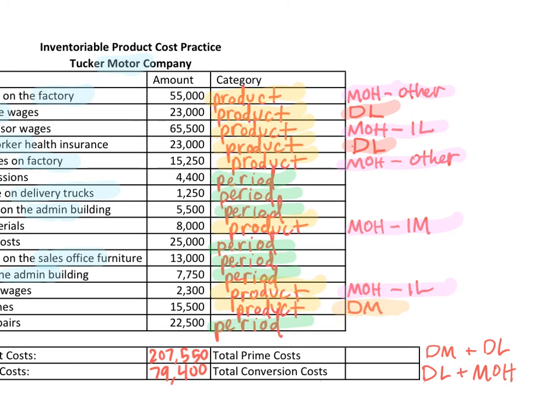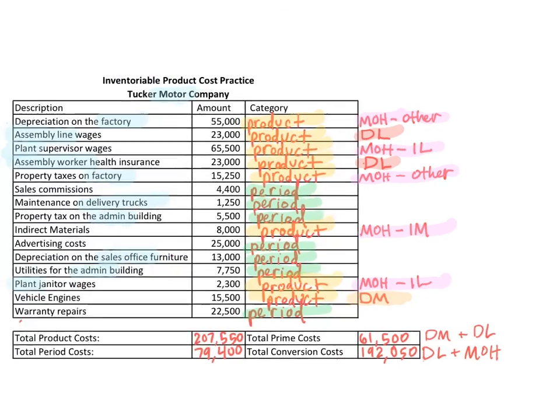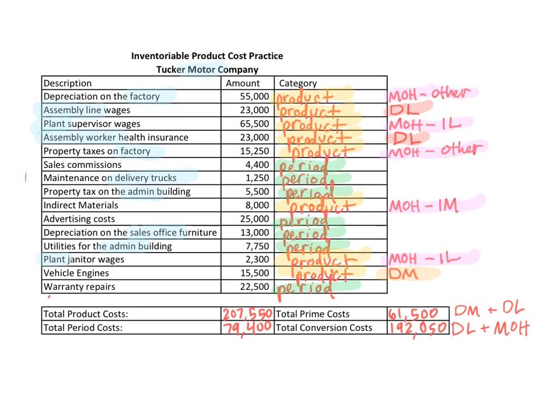Now that we've separated our product costs into the three types, now we can calculate our total prime costs, direct materials plus direct labor, of $61,500, and our conversion costs, direct labor plus overhead, that will give us $192,050. And now we have completed our practice on separating product and period costs.